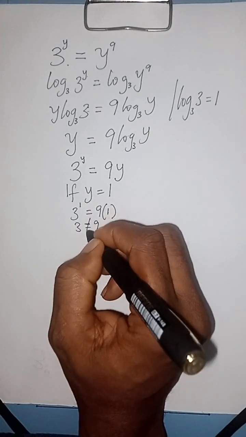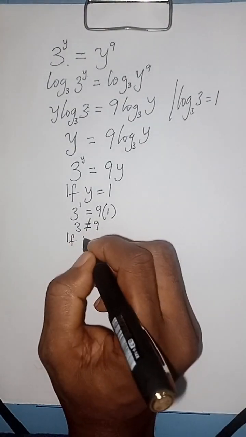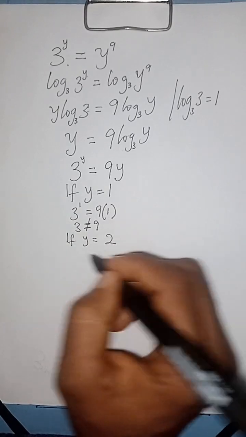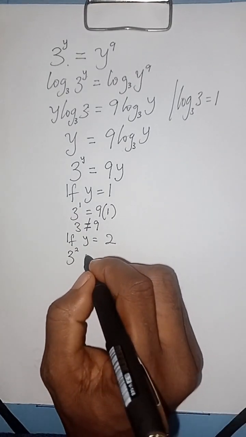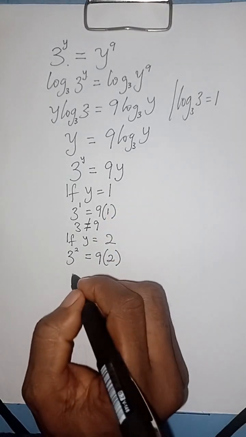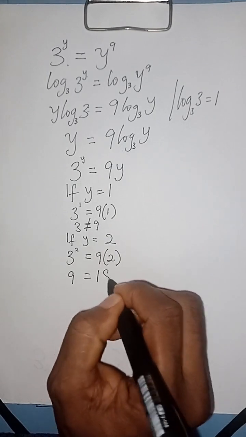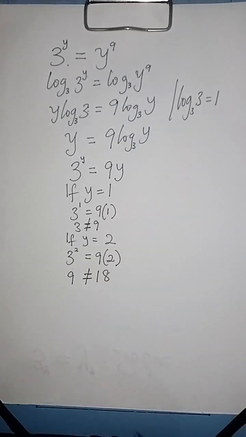And that is not what we're looking for. If we decide to use y equal to 2, this will give us 3 raised to power 2 equal to 9 multiply 2 in place of the y. That will be 9 equal to 18. And again, this is not what we're looking for because 9 is not equal to 18.